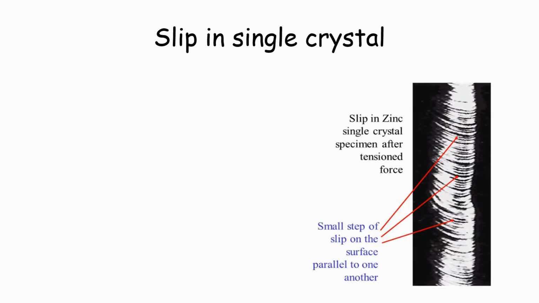So in a single crystal, now we talk about slip in a single crystal. We can define slip as part of a crystal that slides over another along a slip plane in a certain direction. Yeah. So shear stress is needed for slip to occur on the slip plane and direction.